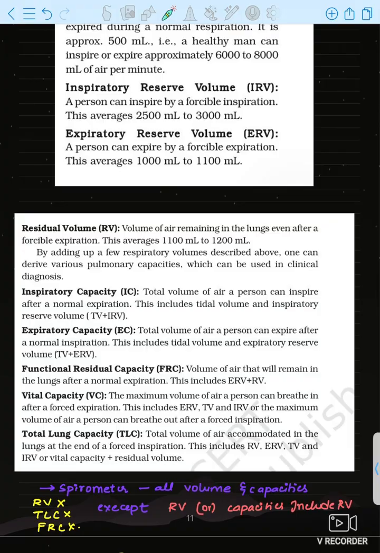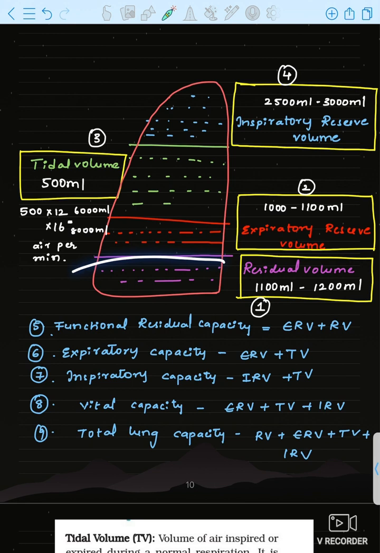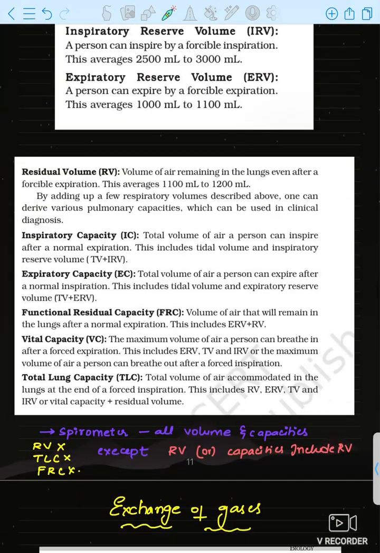Next, residual volume. What is residual volume? Volume of air which is remaining in the lung even after forceful expiration. See, it is always present in the lung. If you do normal inspiration, normal expiration, or even forceful expiration, this air will remain, that is residual volume.